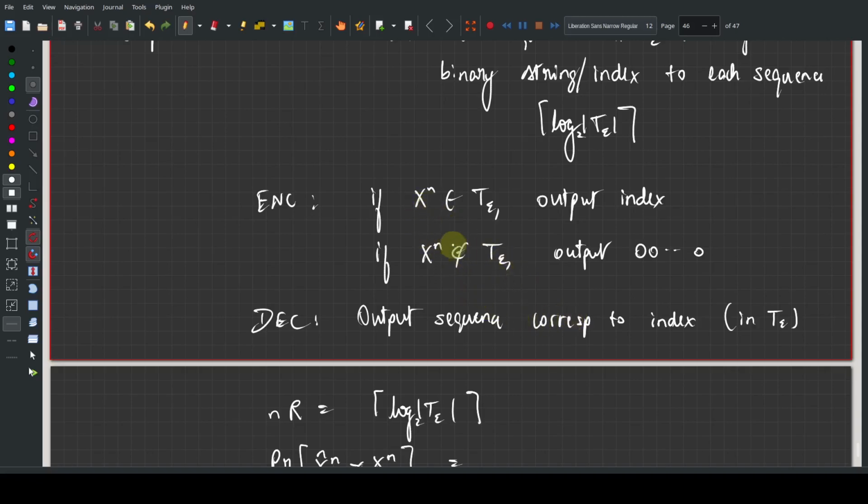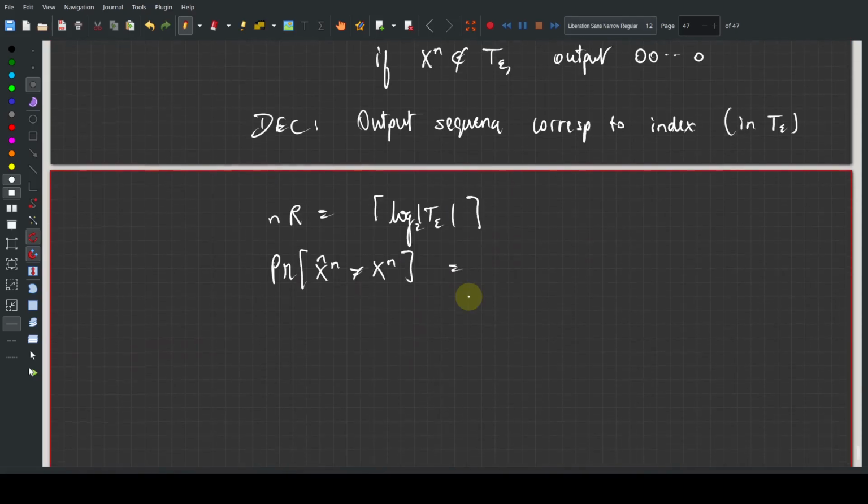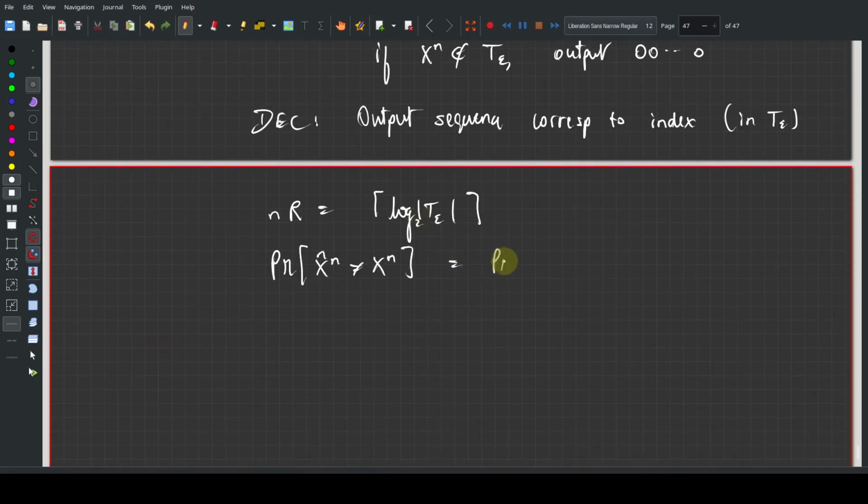If that sequence were not present in T epsilon, then the encoder outputs the all zero sequence, and the decoder outputs the sequence corresponding to the all zero sequence. So it's wrong, right? So you make a mistake if x^n is not in T epsilon. So this is basically the probability that x^n is not in T epsilon.